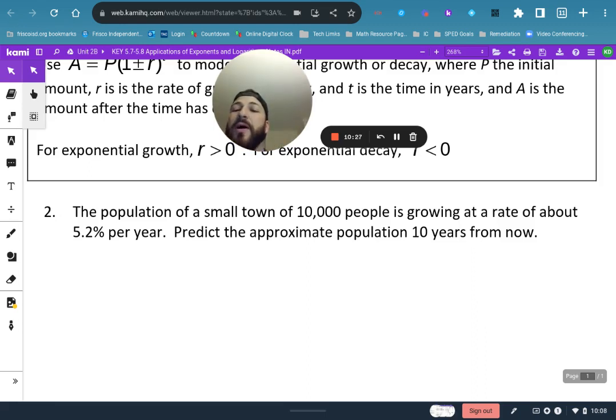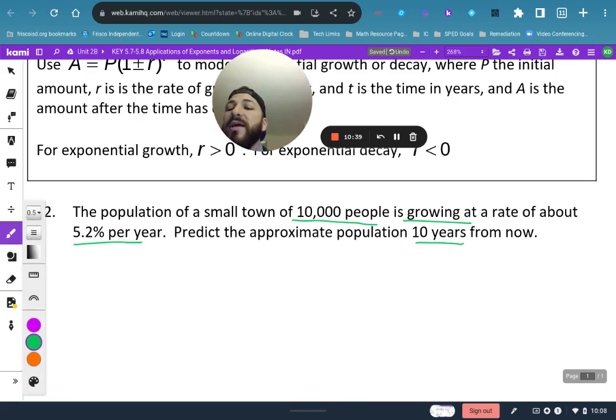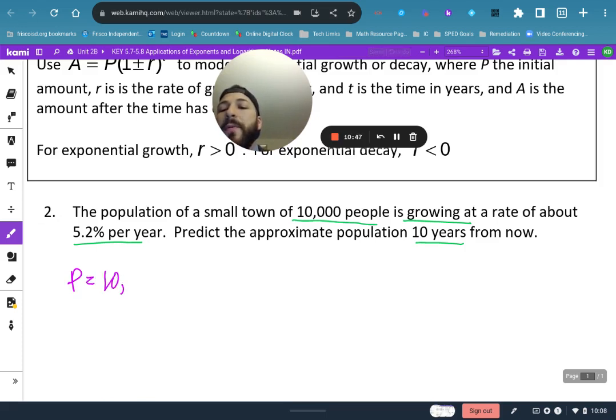So just like we did with our compound interest, we want to identify some of our key features. So we have 10,000 people, we have 5.2% per year, we have population 10 years from now, and we have that growing. So some important information: our initial amount is 10,000, so P is equal to 10,000. We do have growth in this situation, so we're going to be adding that R value.